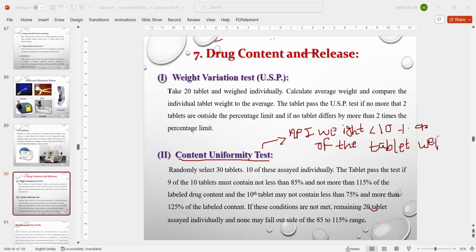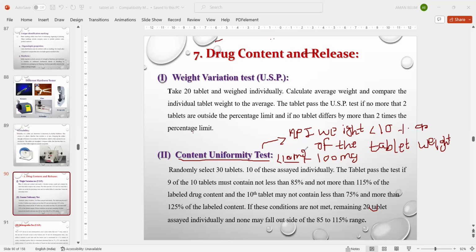It means that if the weight of the tablet is 100 mg, and your API content is only 10 mg or less than 10 mg, then you have to perform the content uniformity test.